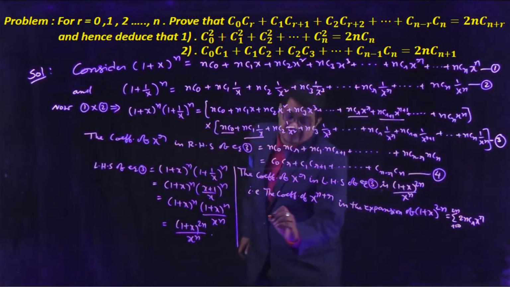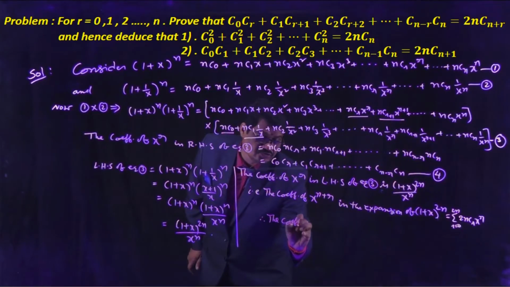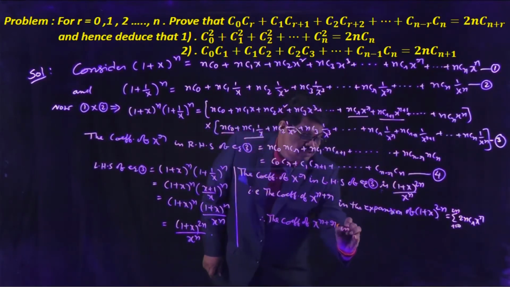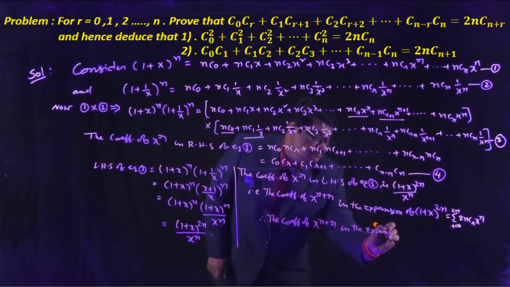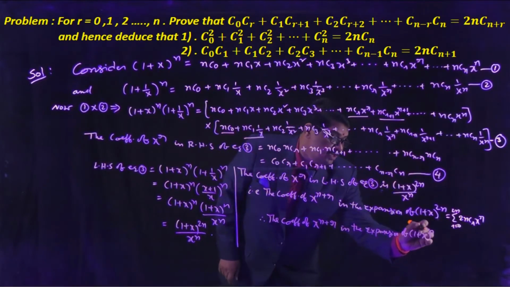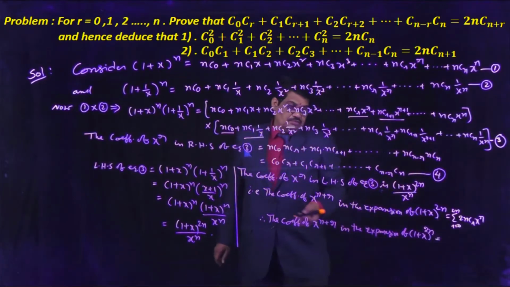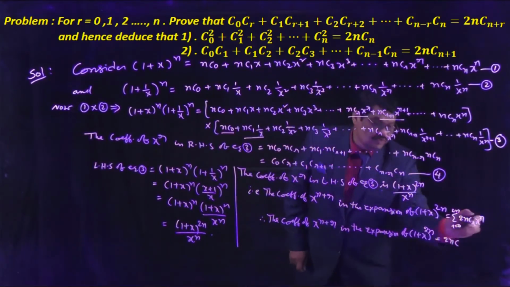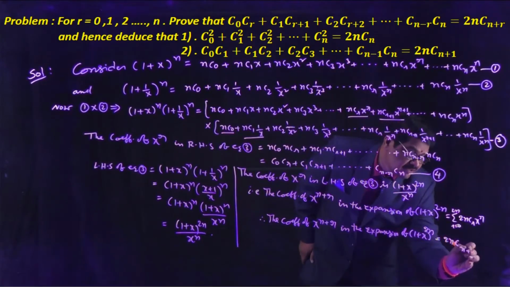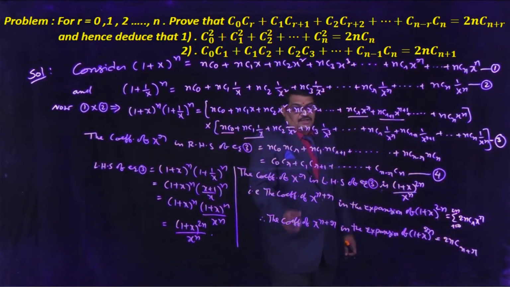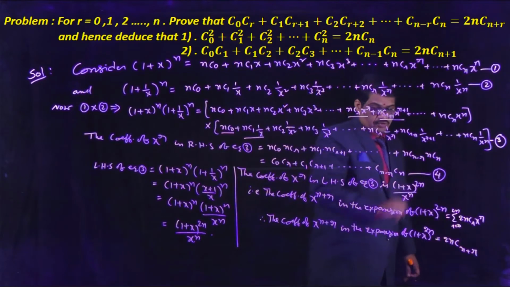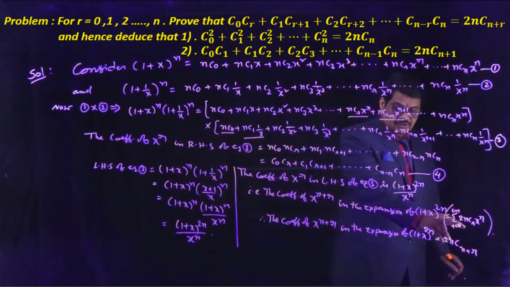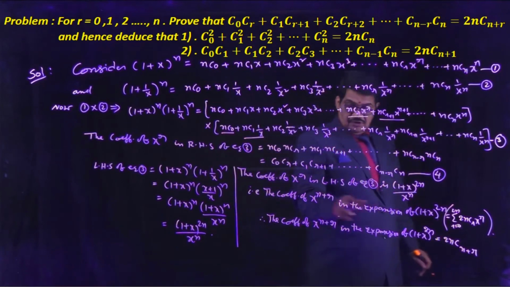Therefore the coefficient of x to the power of n plus r in the expansion of (1 plus x) whole power 2n is 2nC(n plus r). This is the sigma notation we write in brackets, the expansion of this one, and in it we write the coefficient of x to the power of n plus r, taking r as n plus r.